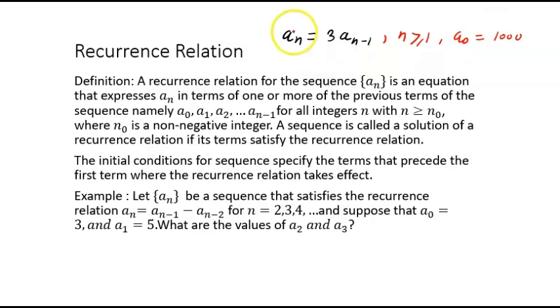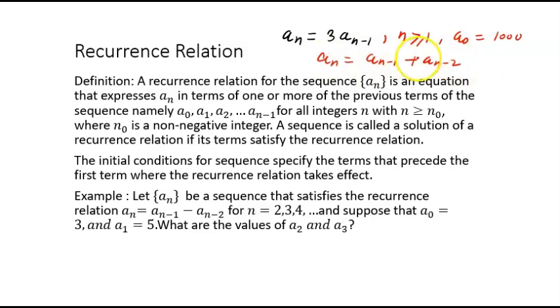If you look at this, this is an equation where a_n has been written in the form of its previous term, like thrice of a_(n-1). I can take more examples. Suppose I take a_n is equal to a_(n-1) plus a_(n-2).